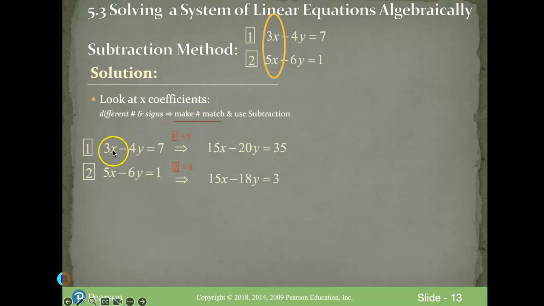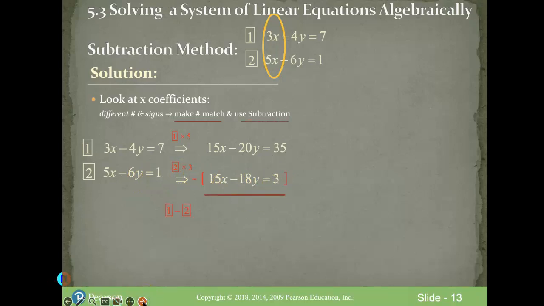If I multiply this term by 5, I've got to multiply everything in the equation by 5. So that's why you see here in red, equation 1 times 5. Notice every term gets multiplied by 5 to get this new equation. Every term in equation 2 gets multiplied by 3 to get this new equation.